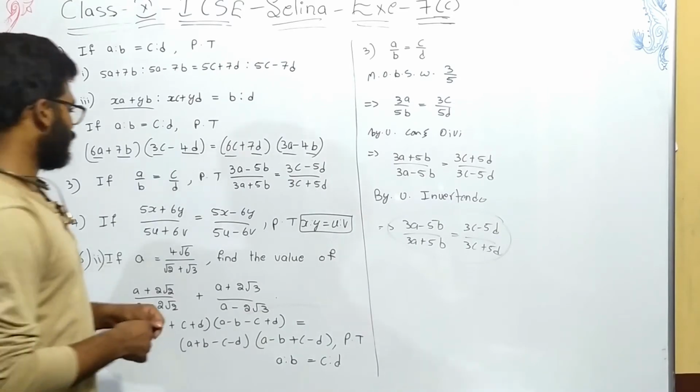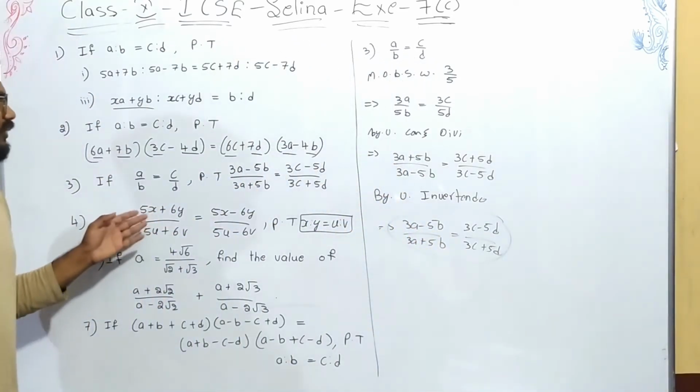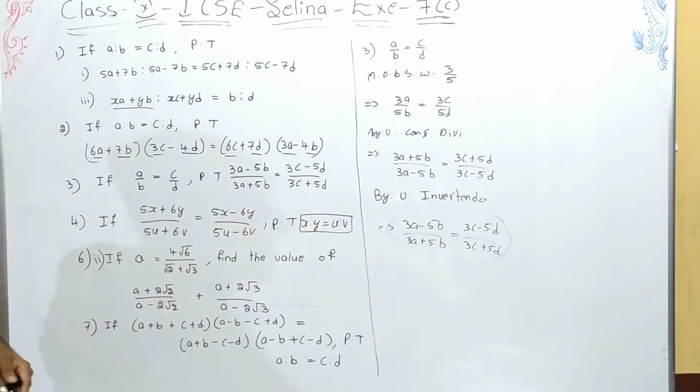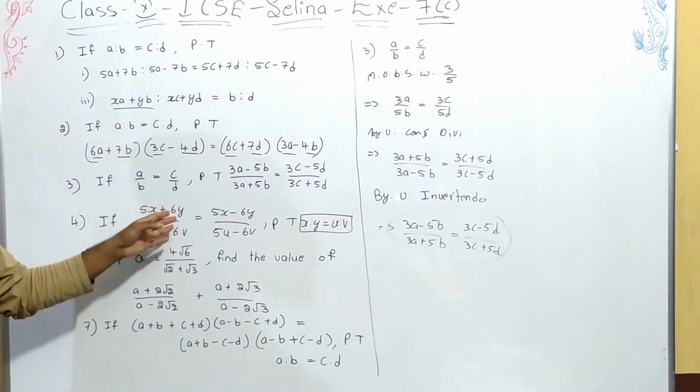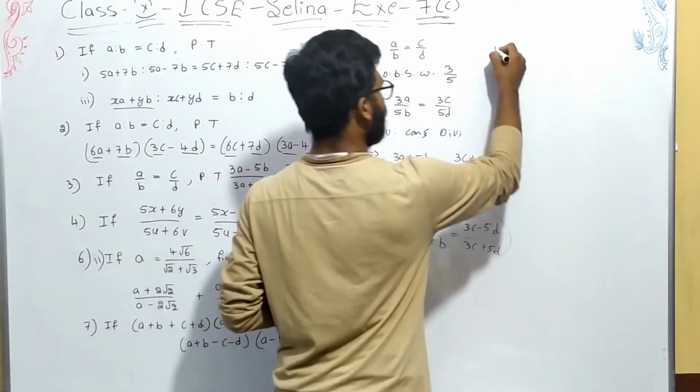Next, the fourth one, same. See here, they gave this one and they are asking to prove this, right? So this is the reverse of what we did now. So I am writing it here only.